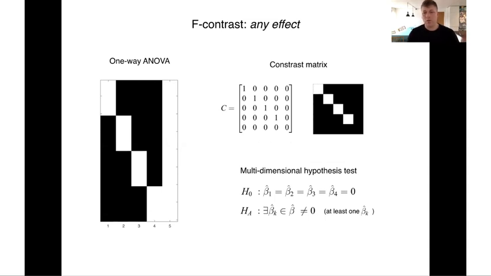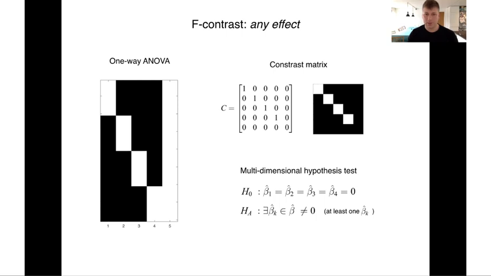We could have a group of patients with bipolar disorder with psychosis, and another group with bipolar disorder without psychosis, and finally a group of healthy controls. And using a contrast matrix, we could then test for any effect of the design. So we could test for any effect in any of the 4 groups.